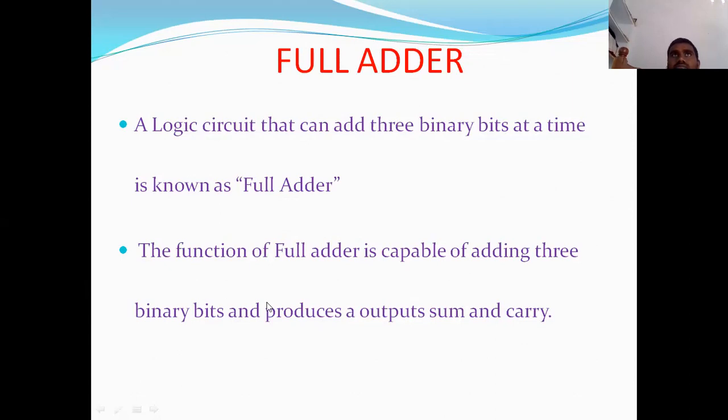And next, the function of a full adder is that it is capable of adding three binary bits and produces the outputs sum and carry. So here the inputs are A, B, C, three inputs, and outputs are sum and carry. Okay. So this is about full adder.